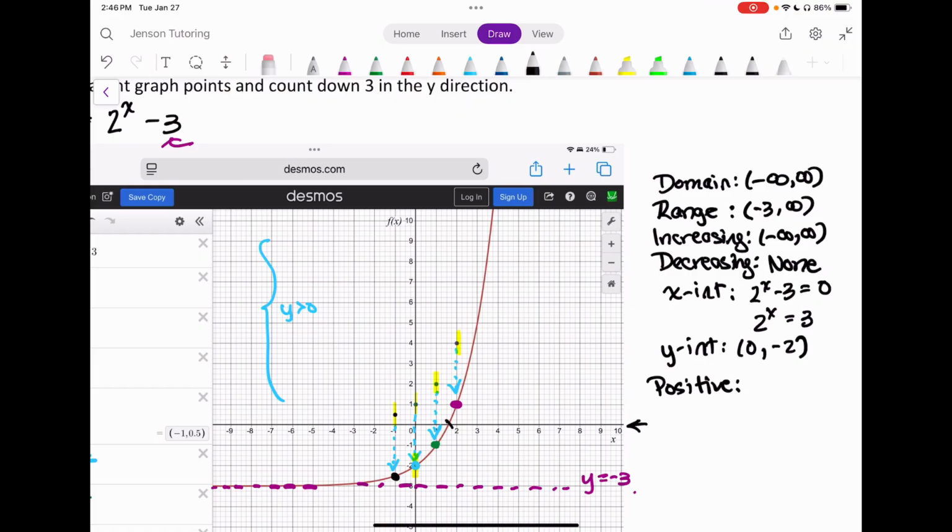So the positive values would go from the x-intercept to infinity, and the negative values will go from -infinity up until the x-intercept.